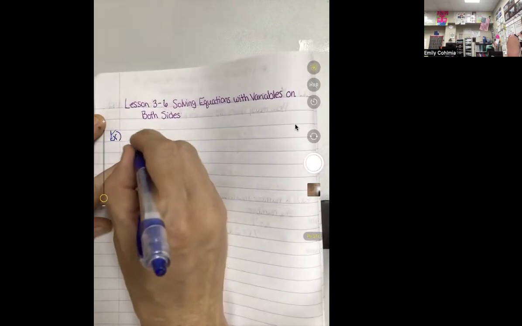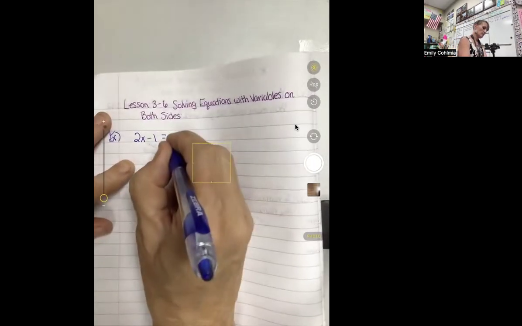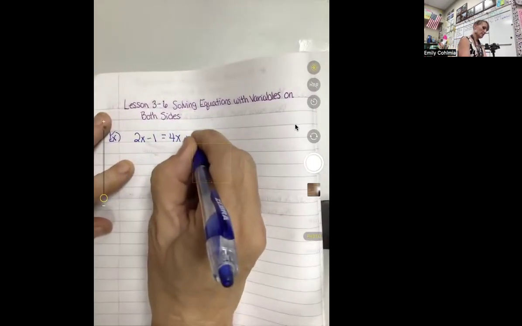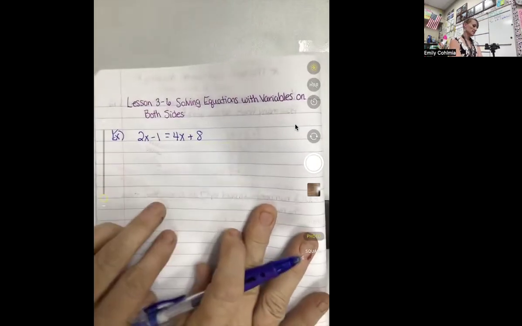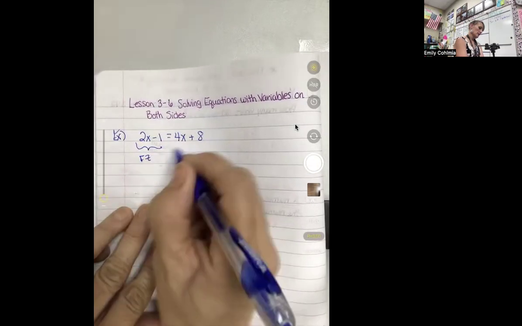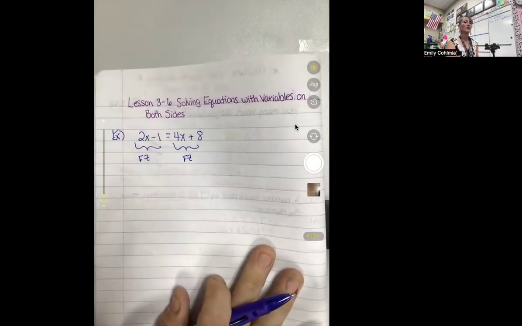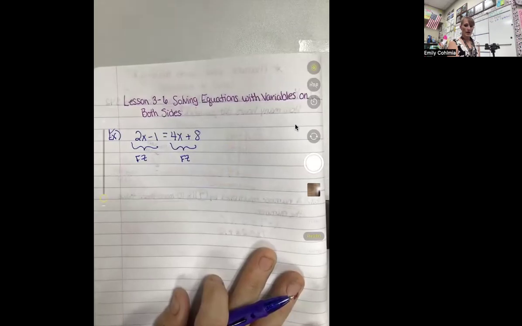So they're going to be like 2x minus 1 equals 4x plus 8. So as you can see, there's a friend zone here, and you can see a friend zone here, but the problem is we can only have one friend zone.